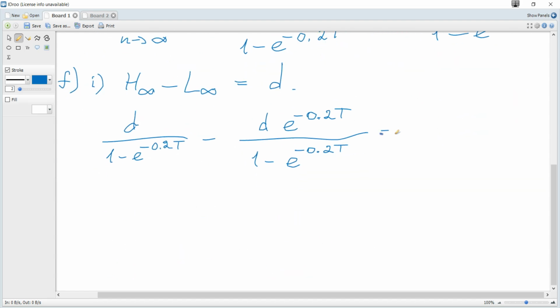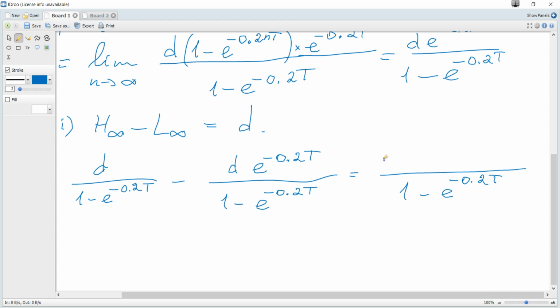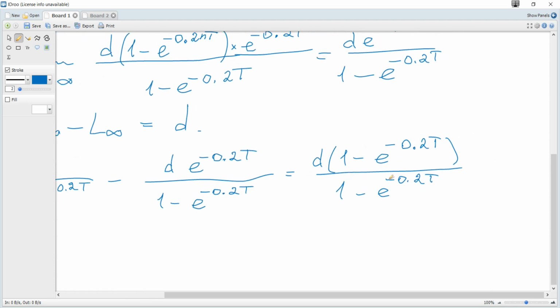We can rewrite with a common denominator, and we can factor out d. Here it becomes 1 minus e, and you can see that it cancels, so we get d as required.